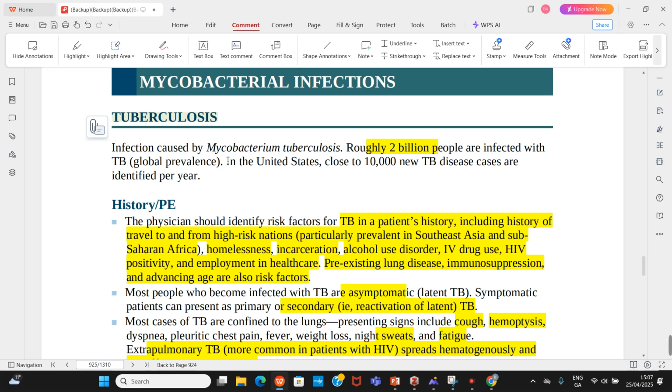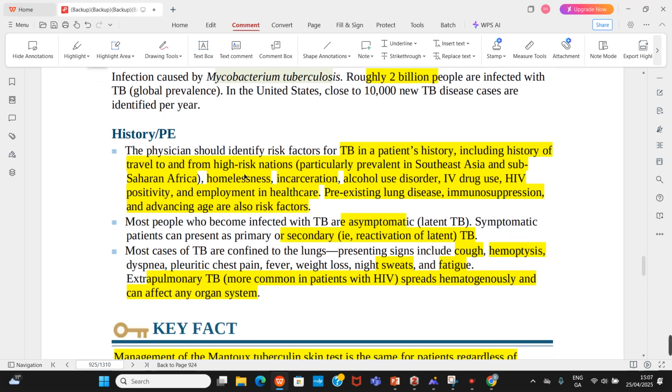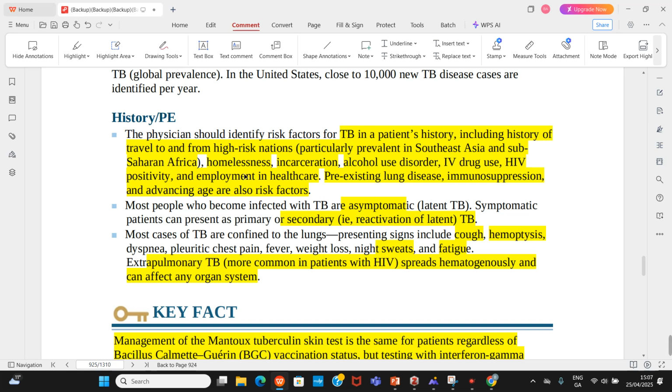Tuberculosis is caused by Mycobacterium tuberculosis, and tuberculosis is a serious problem, especially in developing and less developed countries. And there are so many risk factors for tuberculosis. Somebody living in an endemic high risk region, like in Southeast Asia, Cambodia, India, Philippines, Thailand, all those parts, and even Sub-Saharan Africa, or people that are homeless, people that are in some form of incarceration, maybe prison lockup, or people that abuse alcohol, people that use drugs intravenously.